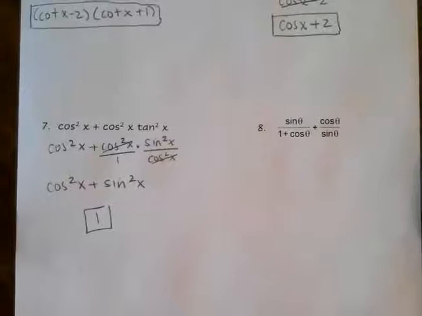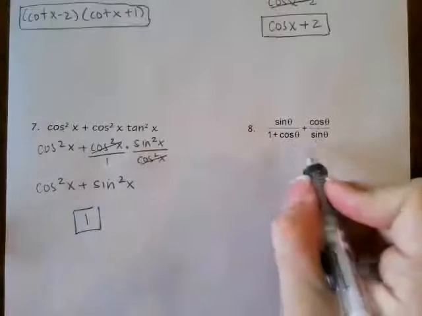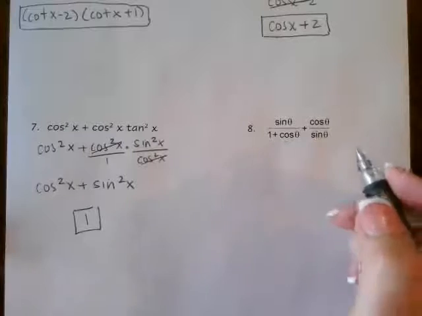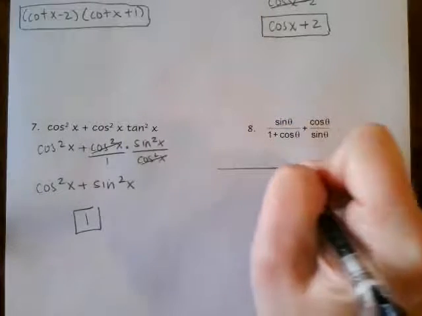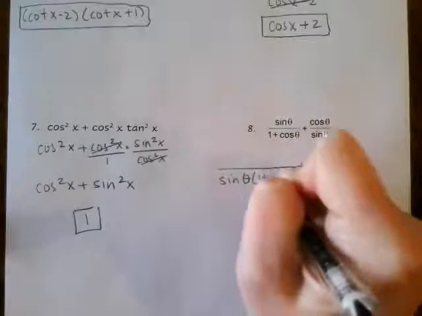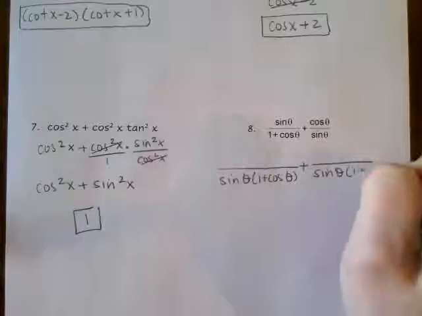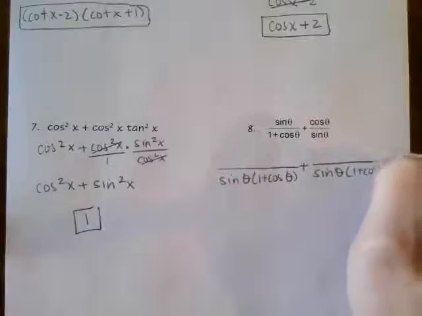All right, number 8 is one that's a little bit harder. We're going to have to get a common denominator here to get these to do something. So we've got to get a common denominator between these two. Well, the only denominator that's going to work for both of those is going to be the sine theta and 1 plus cosine of theta. So we need them both to have this denominator.